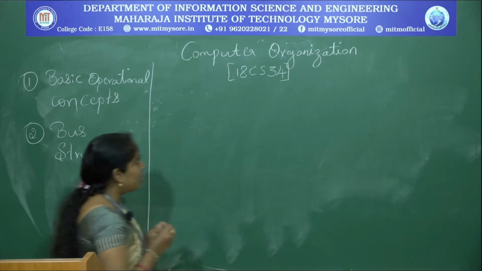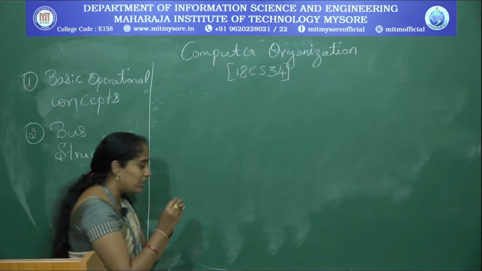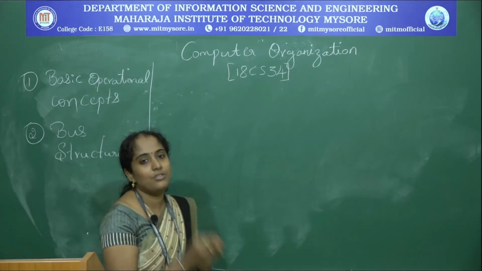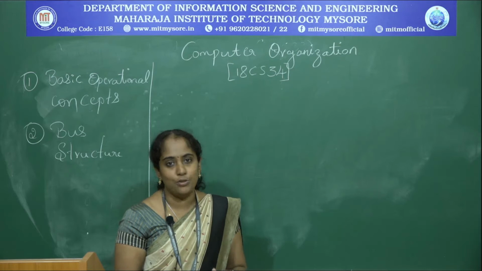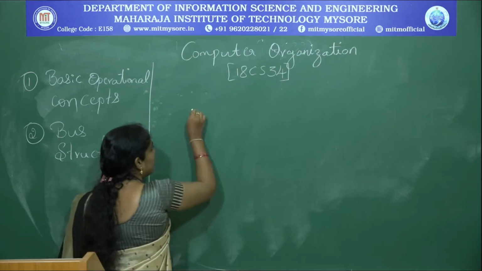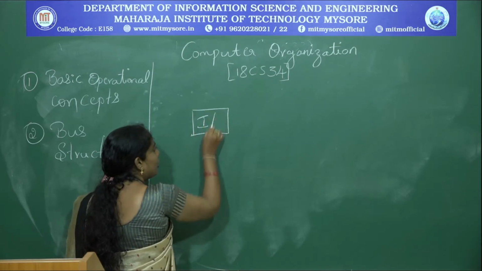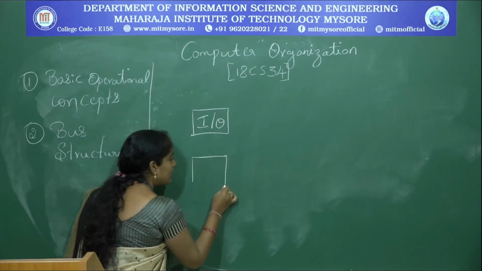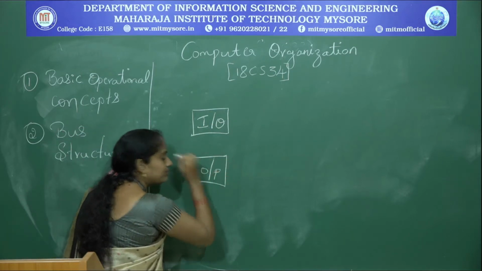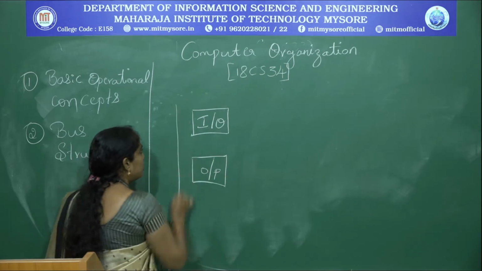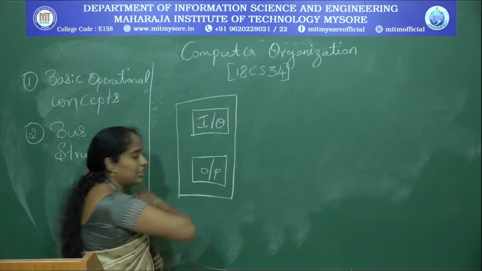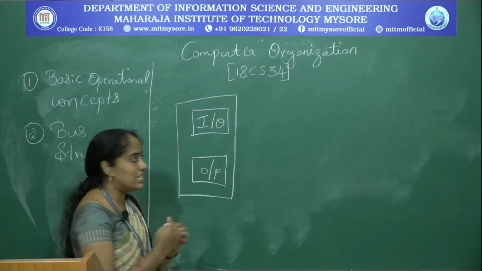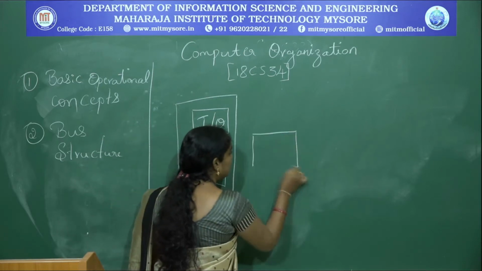So this computer organization is divided into 5 functional units. The first one is the input unit, and the next functional unit is the output unit. Another one is memory.